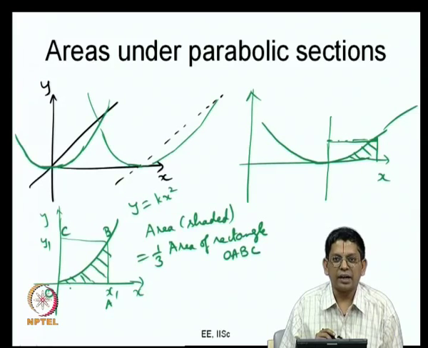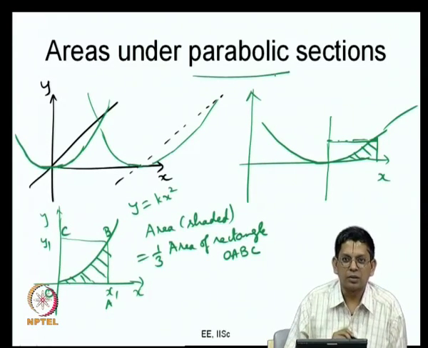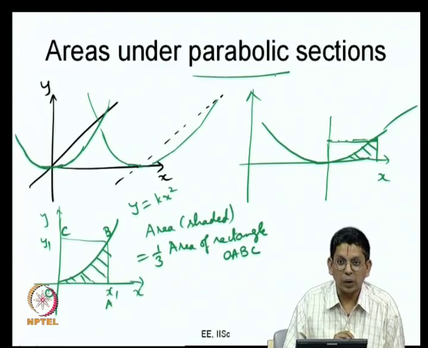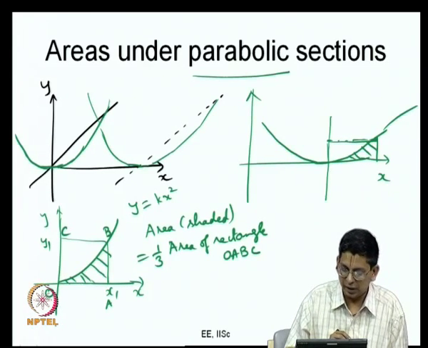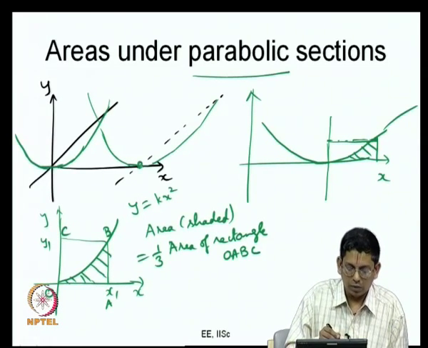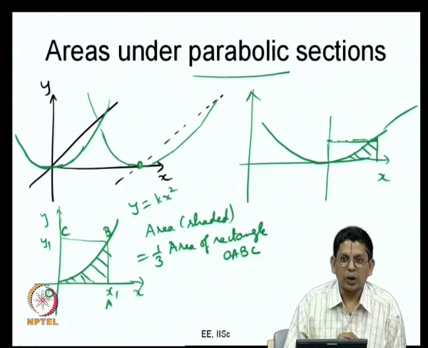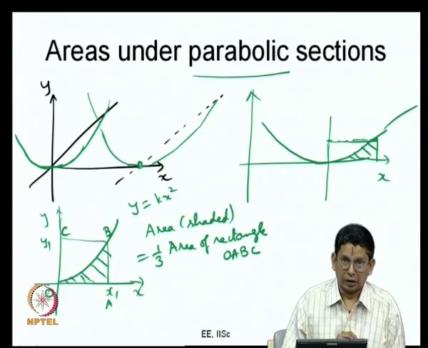So, this is the idea which we are going to use now, and you get parabolic sections by squaring the linear sections. But what kinds of parabola? You have a straight line that intersects at a particular value of x. So, it has a particular root and you are squaring. When you square, you get a parabola that has real and equal roots.